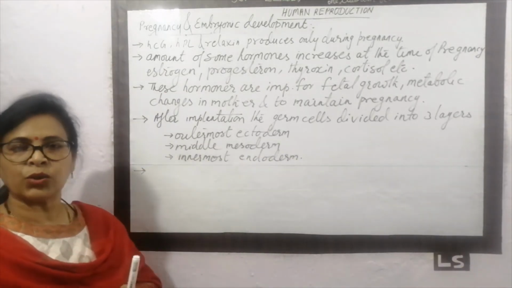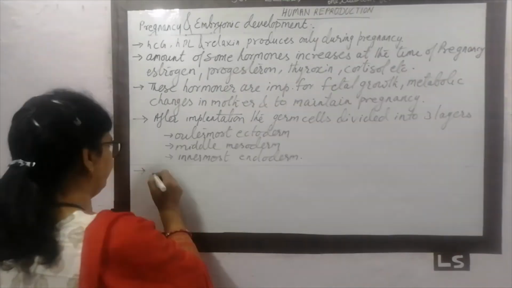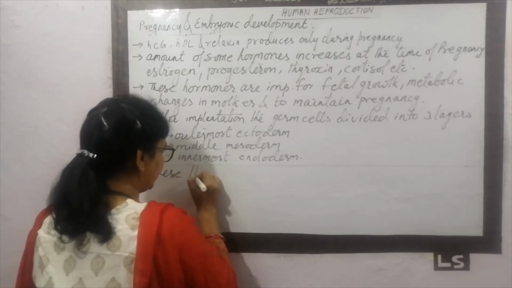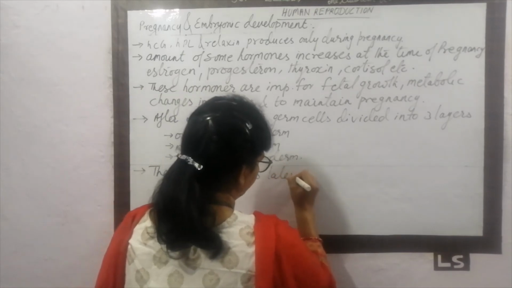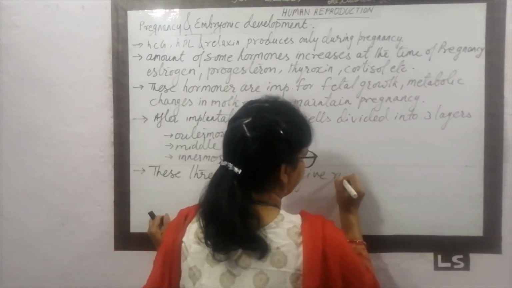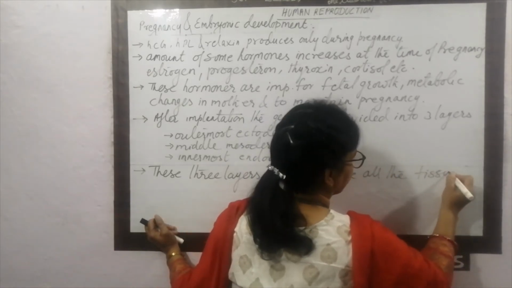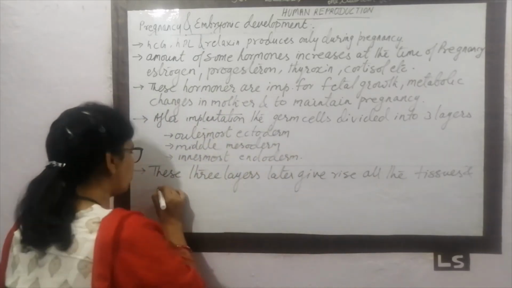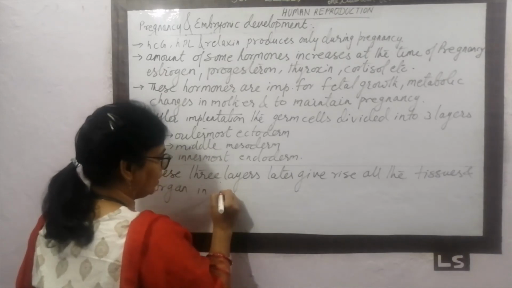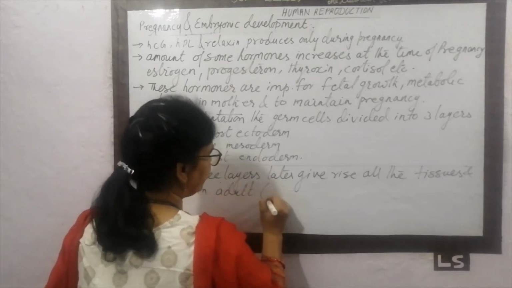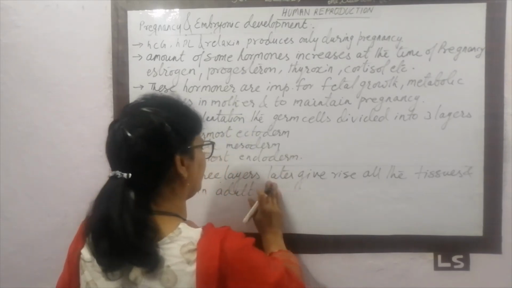These three layers later give rise to all the tissues and organs in the human adult or growing fetus.